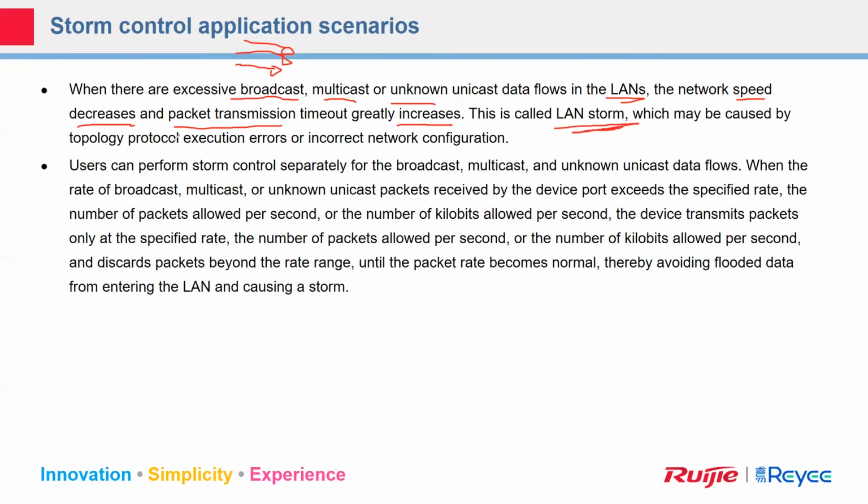Which may be caused by topology protocol execution or incorrect network configuration, right? So you might have a storm if you incorrectly configured your network. Users can perform storm control separately for the broadcast, multicast, and unknown unicast data flows.